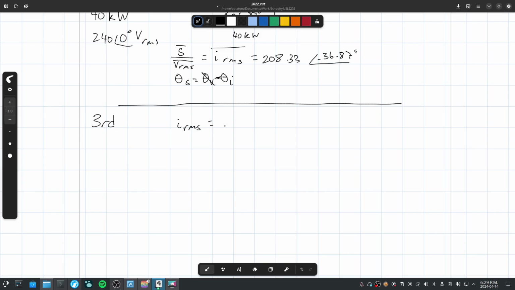IRMS is equal to I1 RMS plus I2 RMS, which is equal to 250 with a phasor of 53.13 plus 208.33 with a phasor of negative 36.87.